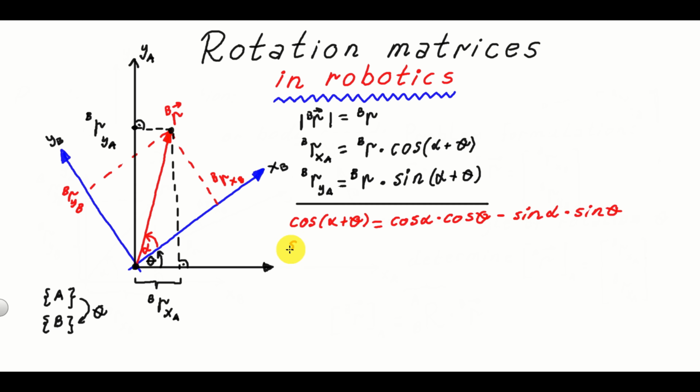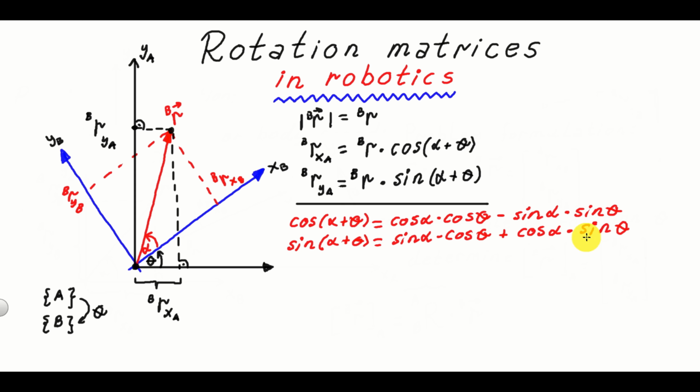Then we have that sine of alpha plus theta can be written like this: sine alpha multiplying cosine theta, plus cosine alpha multiplying sine theta.